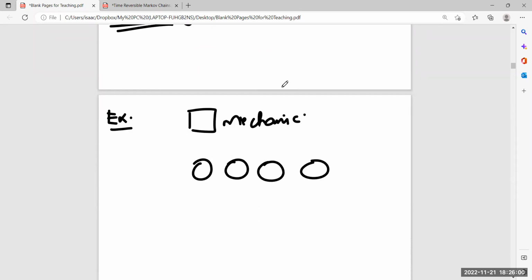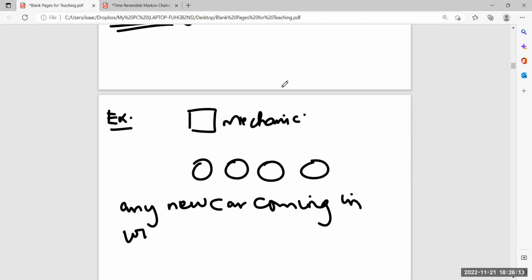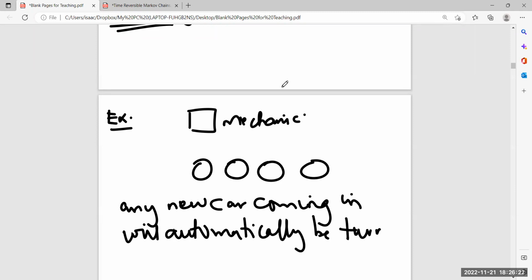So he only has space in his garage for 4 cars. So any new car coming in will automatically be turned away. This is what we call forced balking.